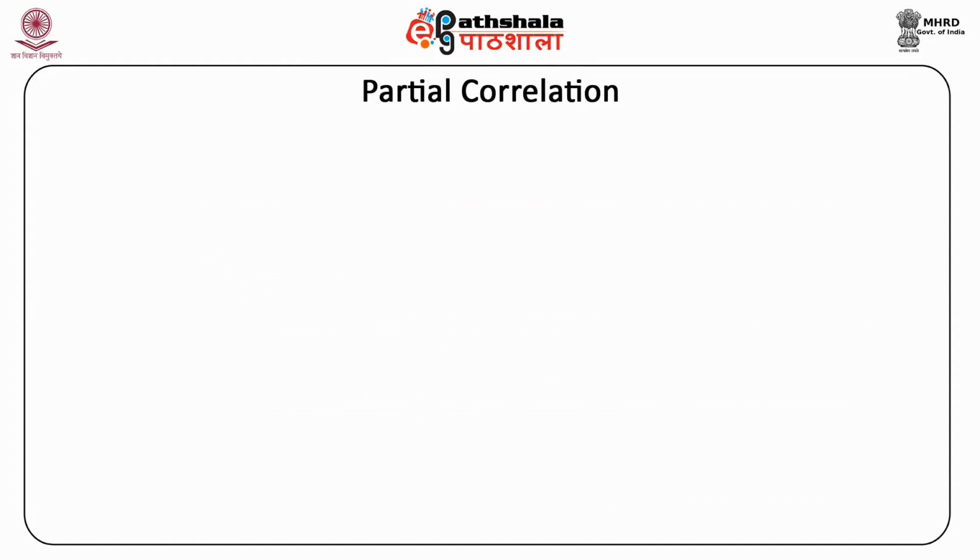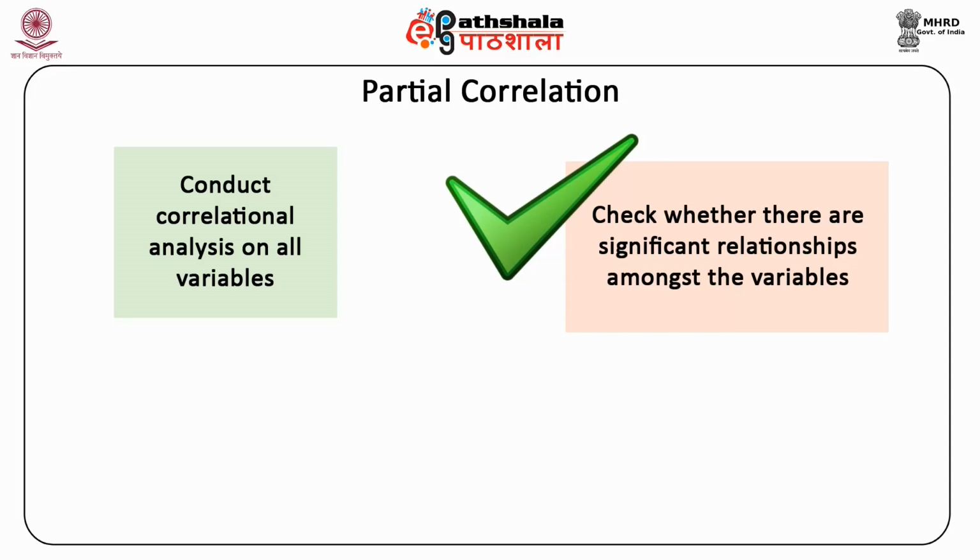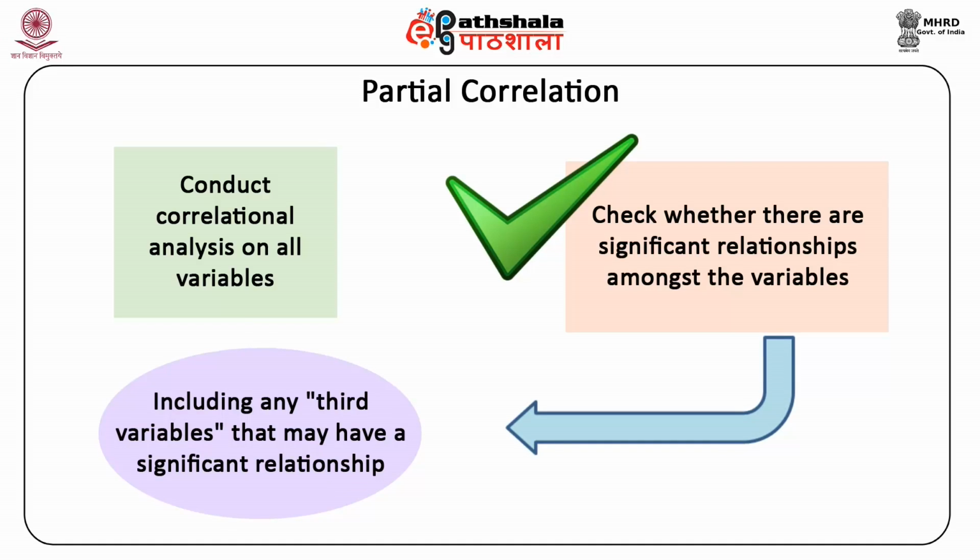We undertake partial correlation when the third variable has shown a relationship to one or both of the primary variables. In other words, we first conduct correlation analysis on all variables so that we can check whether there are significant relationships amongst the variables, including any third variable that may have a significant relationship to the variables under investigation.